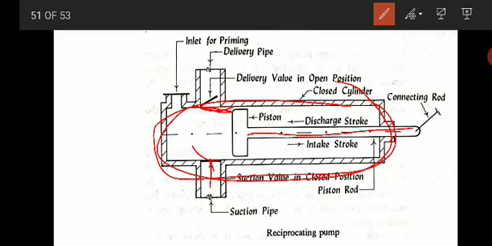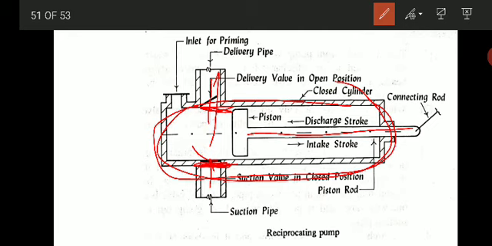So during the discharge stroke, the suction valve is closed and the delivery valve is open, and the water is forced into the delivery pipe through the delivery valve.